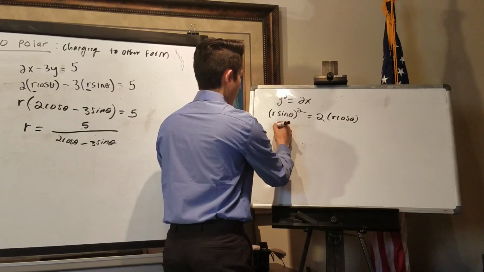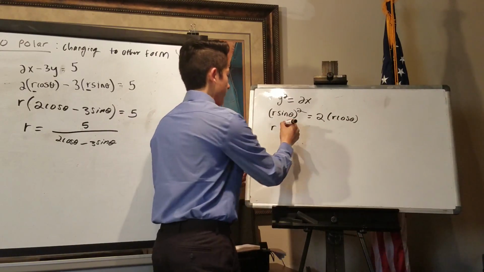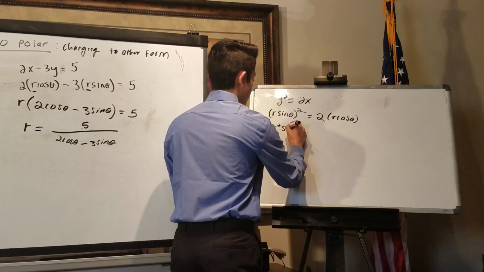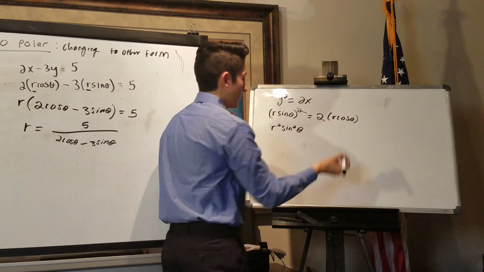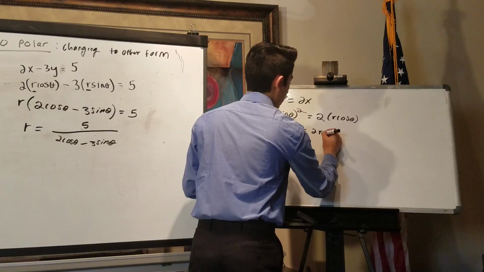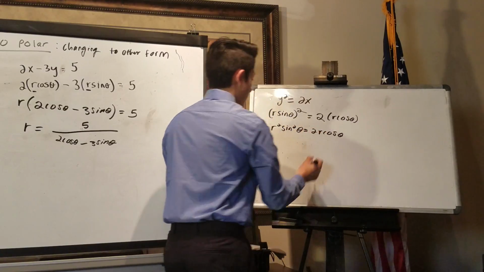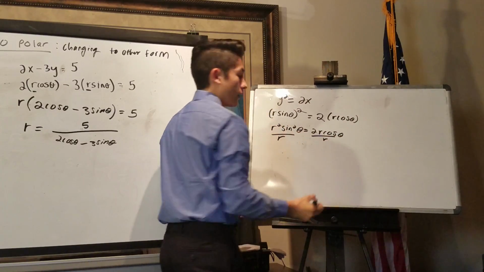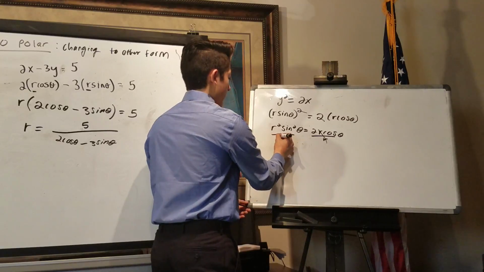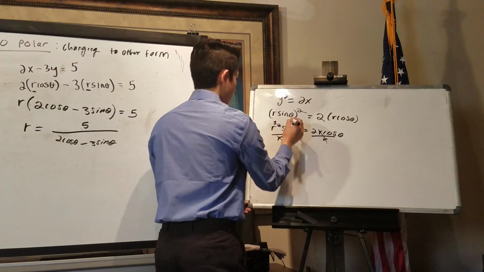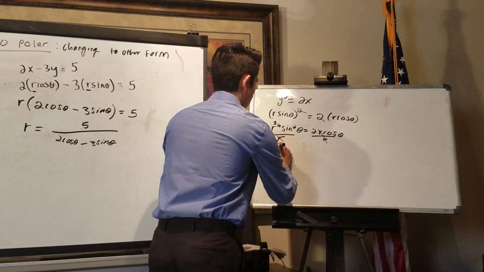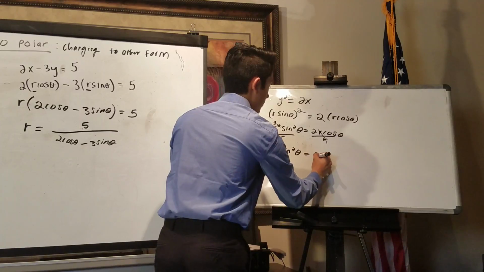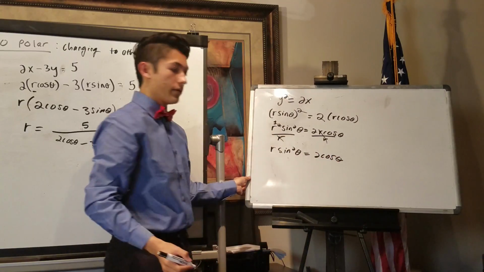So we can distribute, and we will get r squared times sine squared theta is equal to 2r cosine theta. Dividing by r on both sides, we have one r canceling on the right side, leaving us with 1. Now you have r sine squared theta is equal to 2 cosine theta.